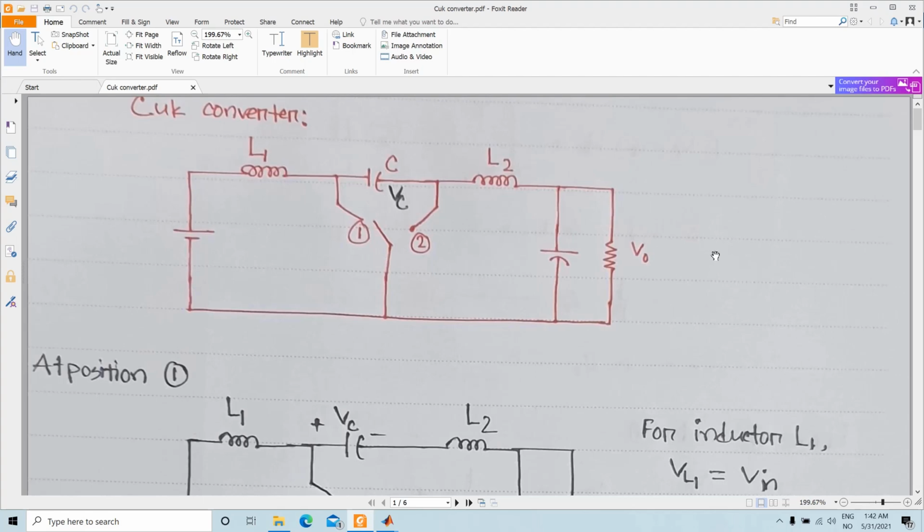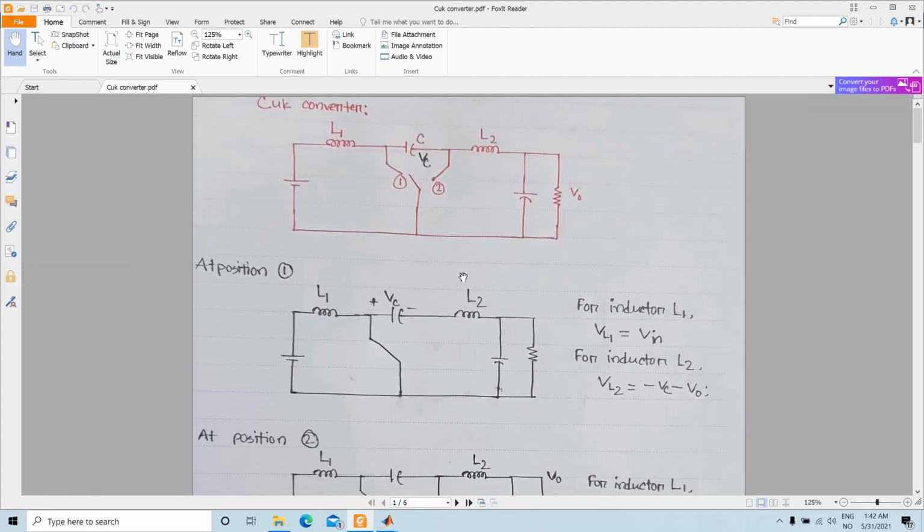When the switch is connected to position number 1, the input is connected to L1 and it is short circuited here. The input current flows through L1 and comes to the negative terminal of the source. Here we have this capacitor, which was pre-charged.